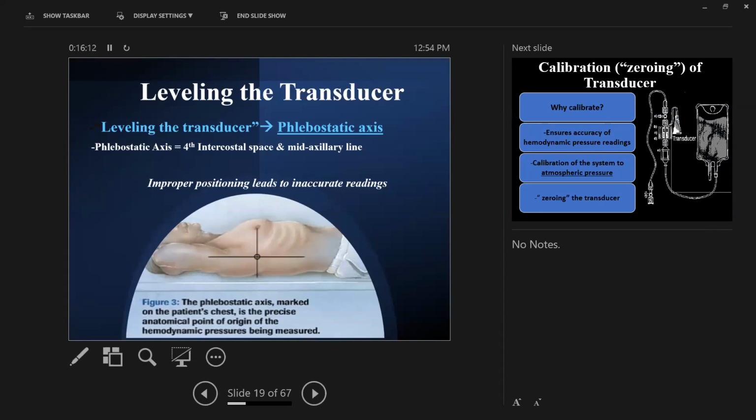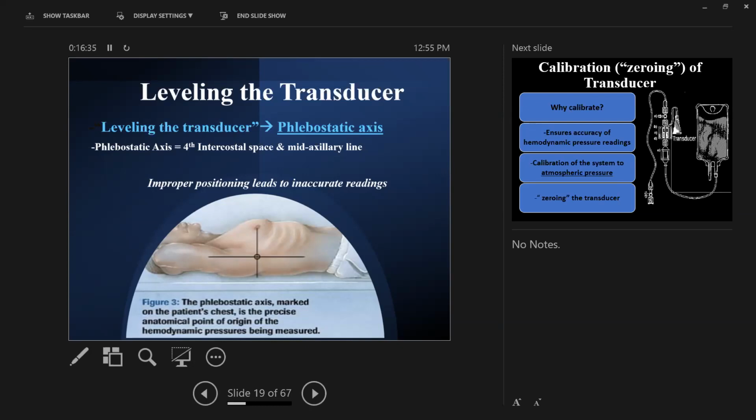The end that's touching the patient, and the other end touching the transducer, should be level with the right atria. This is called the phlebostatic access, fourth intercostal mid-axillary line.